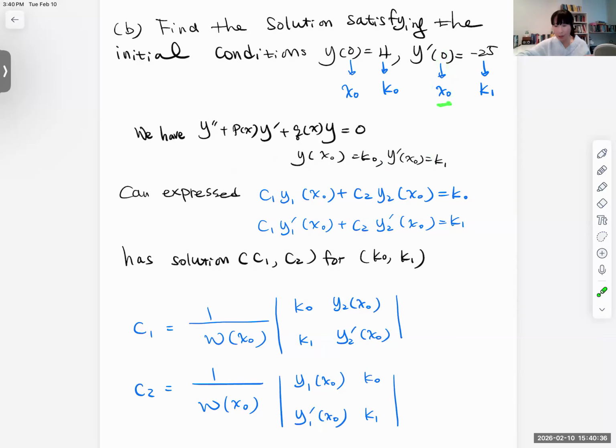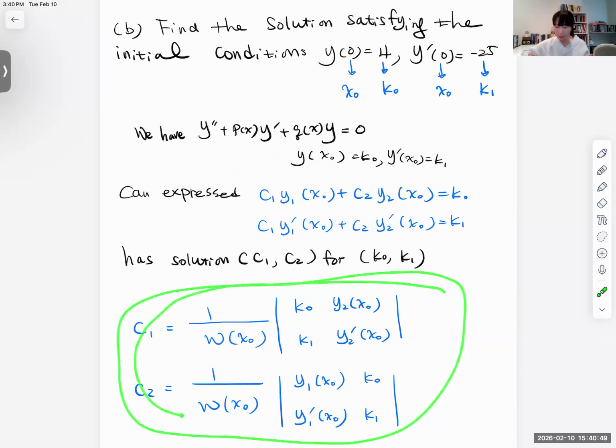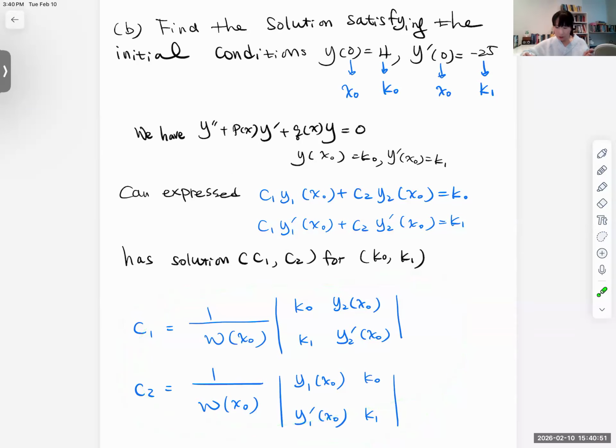So this is x naught as well. Same x naught, right? We have a 0, right? And this is k sub 1, all right? Okay, now I bring the formula here, so that we can find C sub 1 and C sub 2. Yeah? All right. So let's do it.